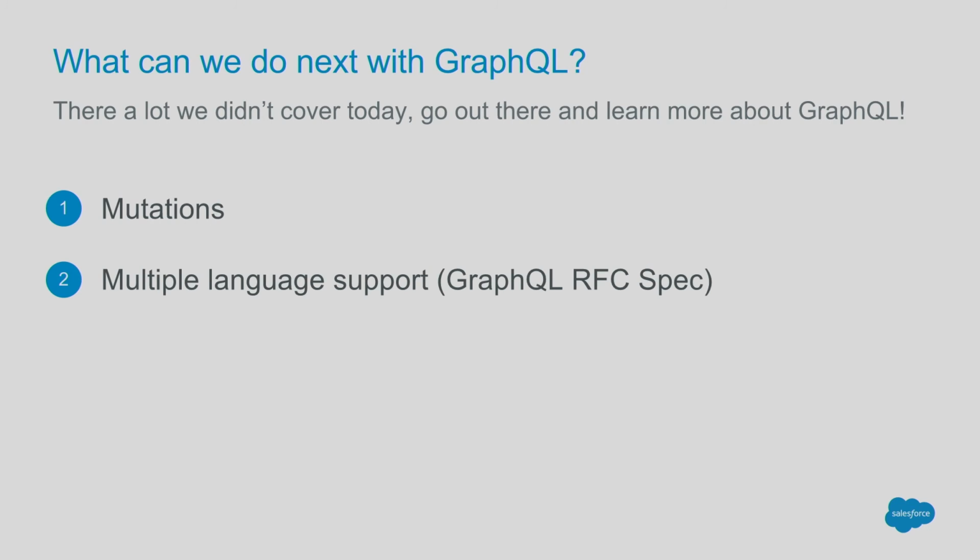For example, GitHub is using a Ruby implementation that is actually really good. And there are also other clients. We just showed you how Apollo works, but for example, Facebook has its own client, which is called Relay, and that just is pluggable into React.